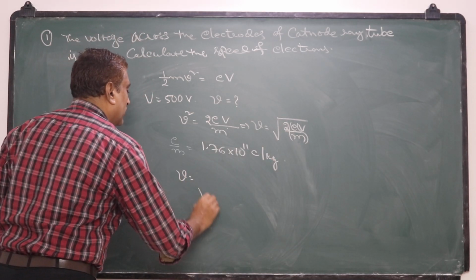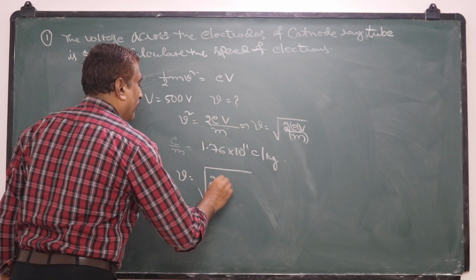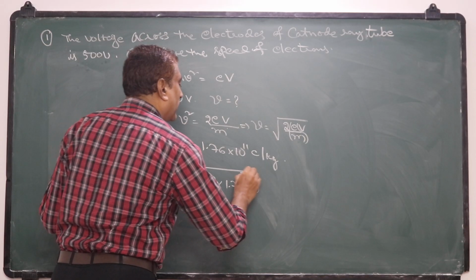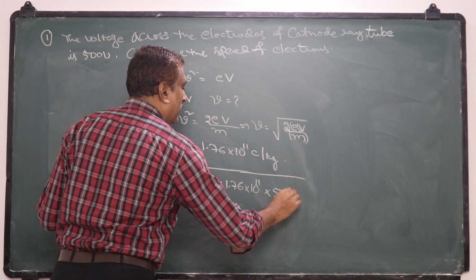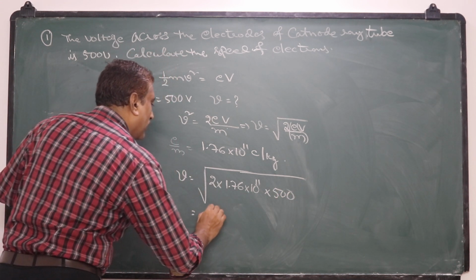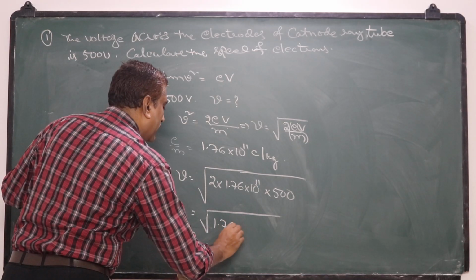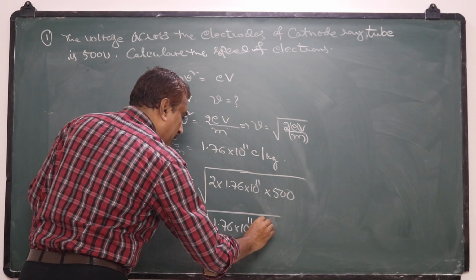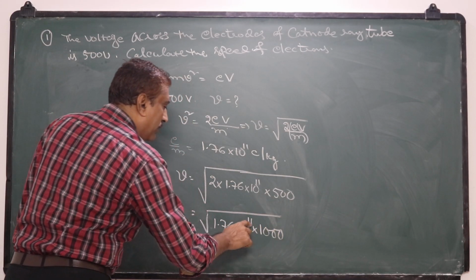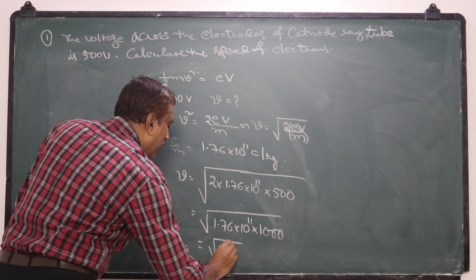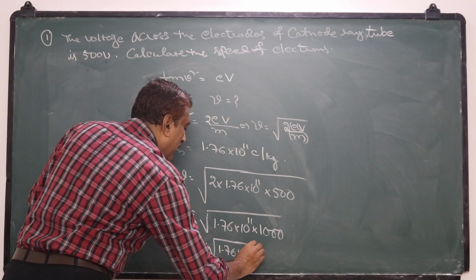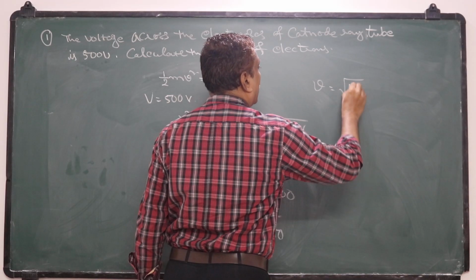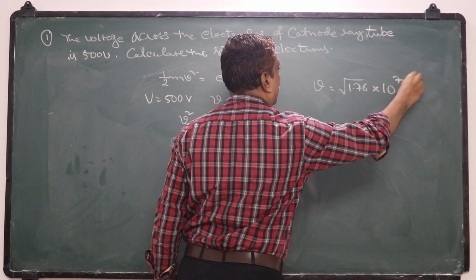So v is equal to square root of 2 into 1.76 into 10 to the power 11 into voltage applied, 500. 2 into 500 is 1000, that is 10 cube, plus 11 gives 10 to the power 14. So v is equal to square root of 1.76 into 10 to the power 14.